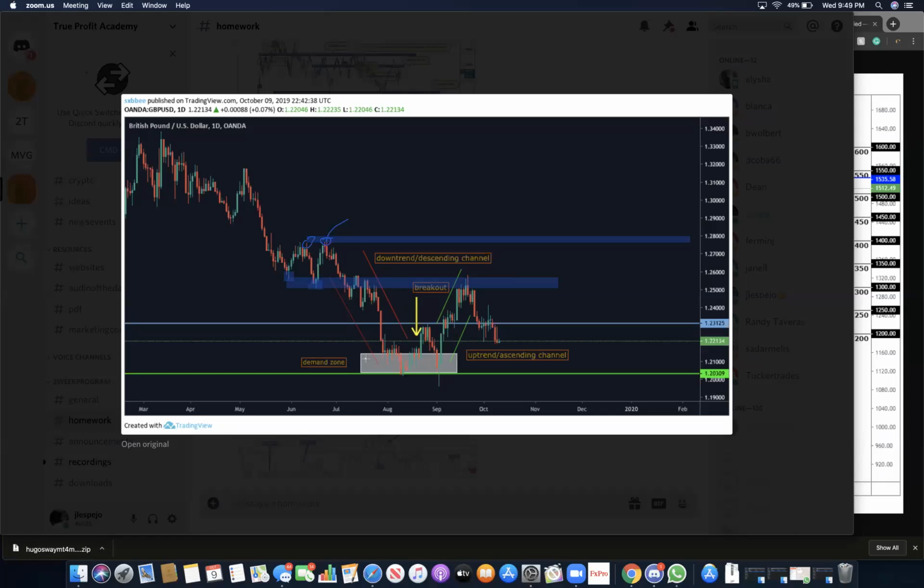Overall, the zone you drew here for a demand is correct. It's just a bit wider than I would like. I want you to work on precision, where exactly in that zone the market's going to bounce in and out of. So for instance, if I was going from this low to this low, I could draw a zone here.